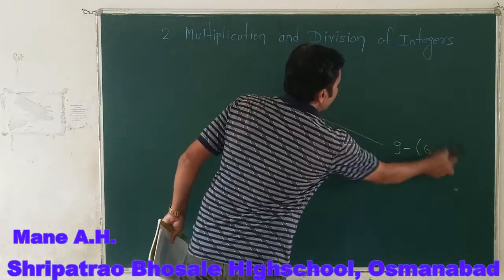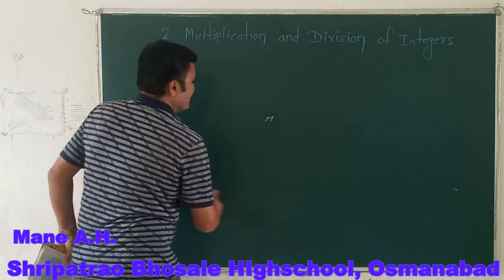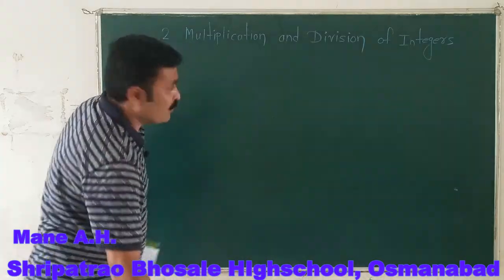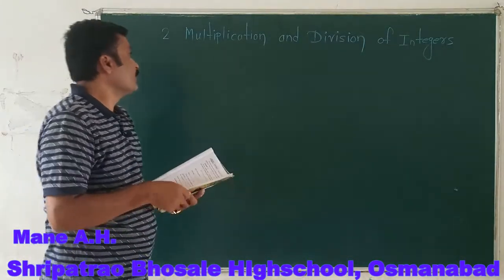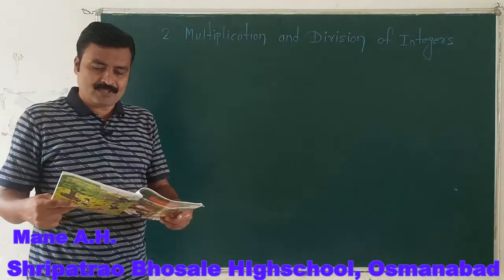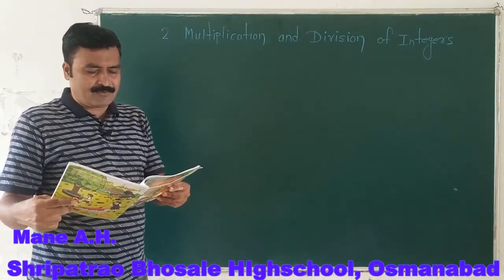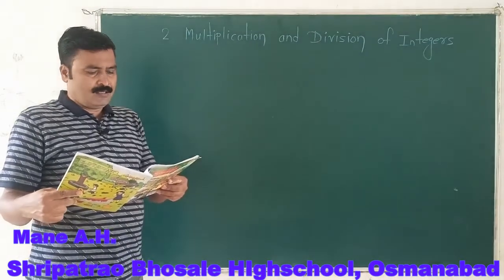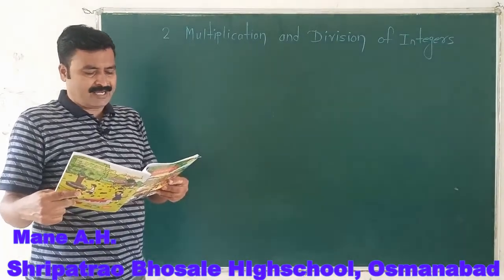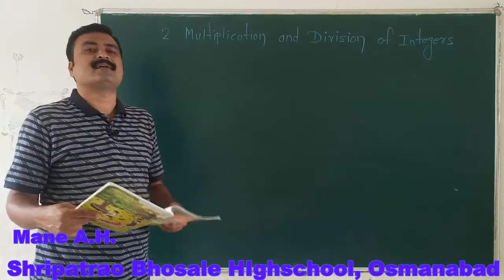So presently in the second lesson that we continue on this green board, multiplication and division of integers, on page number 12 in our textbook, at the bottom line we have practice set number 8.